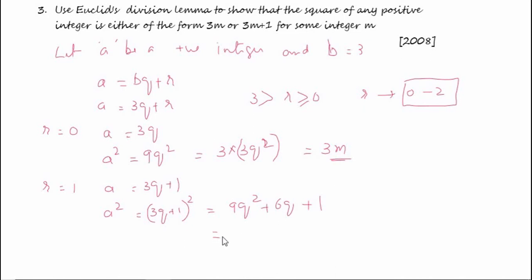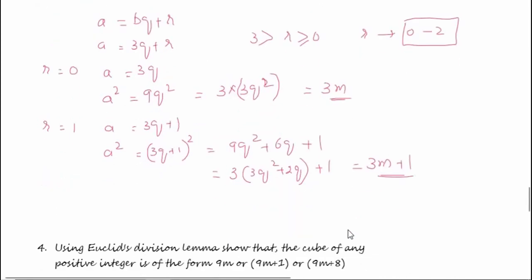So now this one we can represent as, let us take 3 outside, 3 into 3q square plus 2q, and plus 1. Now this entire thing 3q square plus 2q is also an integer. Let us consider this as m. So this is of the form 3m plus 1.